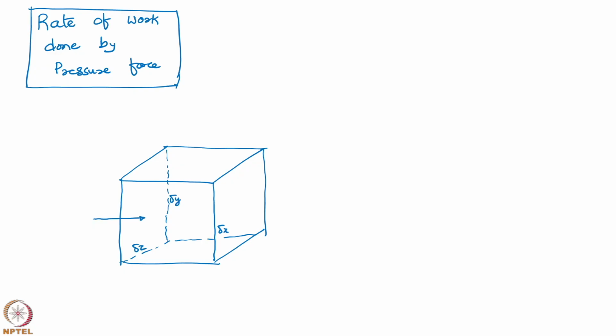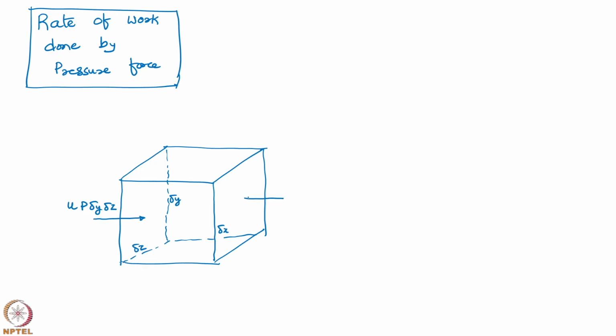Work means force into velocity. Force acting here, pressure always acts inwards. So P into delta y delta z, pressure into area, gives me the force. This into velocity u, the x direction velocity, gives me the work done.